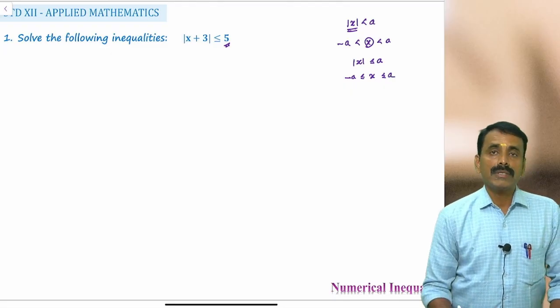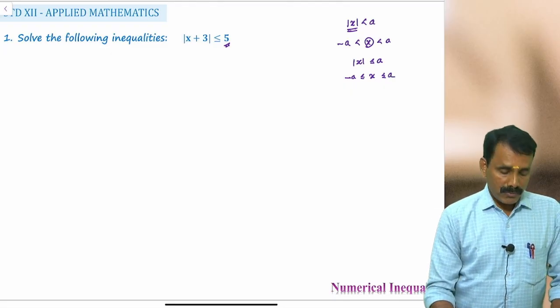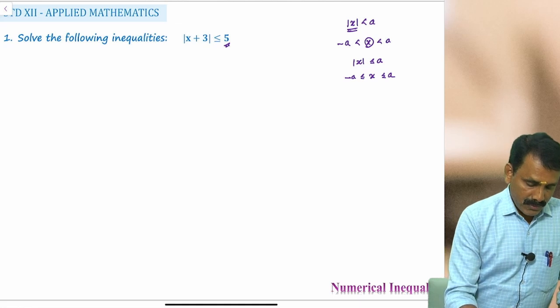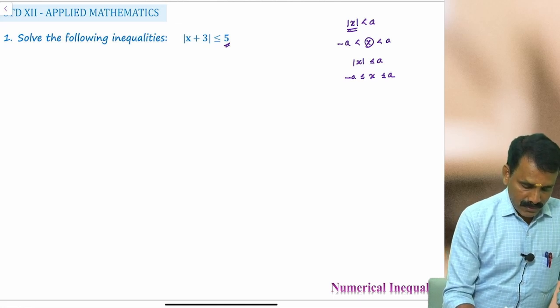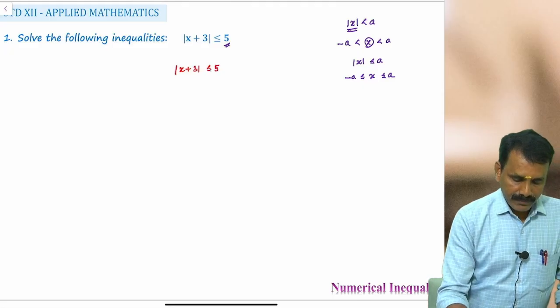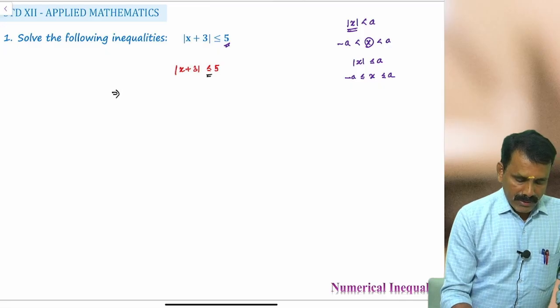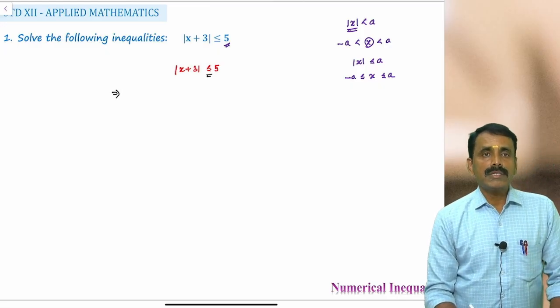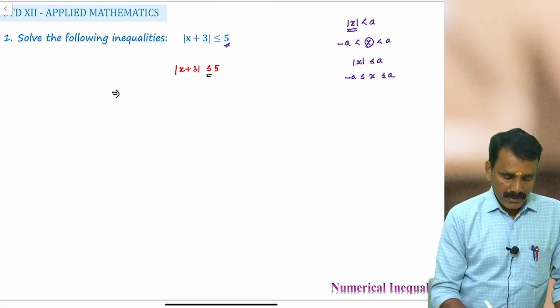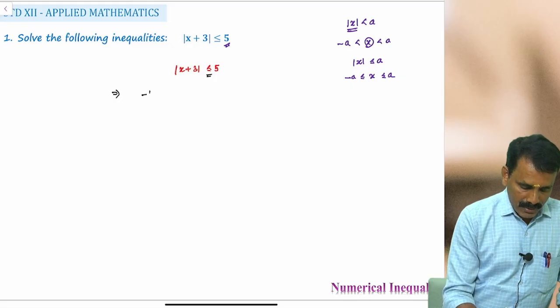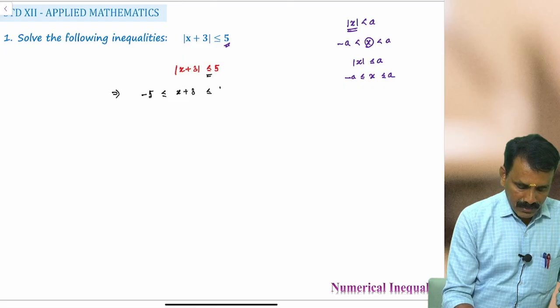Now how to solve this? Modulus of x plus 3 is less than or equal to 5. Because it is less than or equal to, it is a bounded solution we are going to get. So it will be minus 5 less than or equal to x plus 3 less than or equal to plus 5.